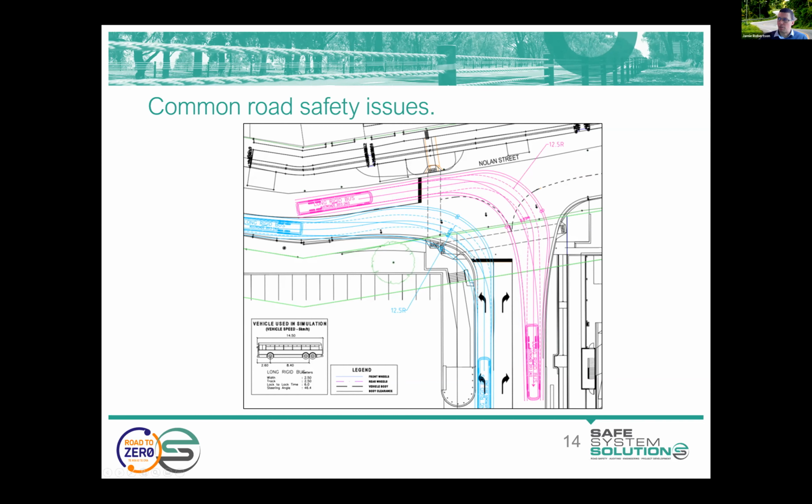In particular, at this southwest corner of the intersection, the turning bus encroached significantly into a pedestrian area. So we have a potential safety issue there associated with a large vehicle striking a pedestrian.